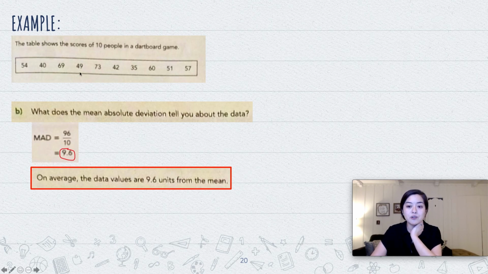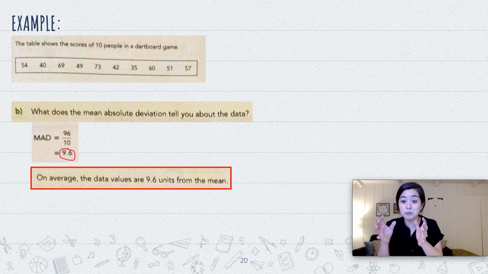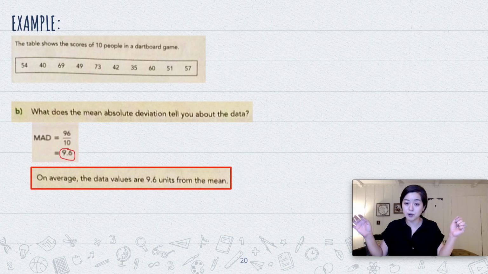And if you consider this average, the MAD, was lower than 9.6, it means the data values are getting closer and closer to the mean. So a lot of the data is clustered closer around the mean than being further from it.